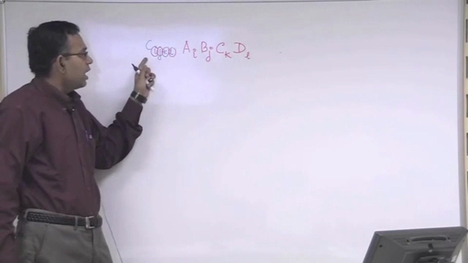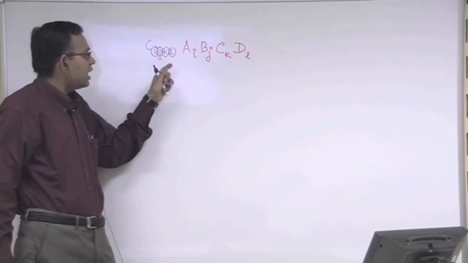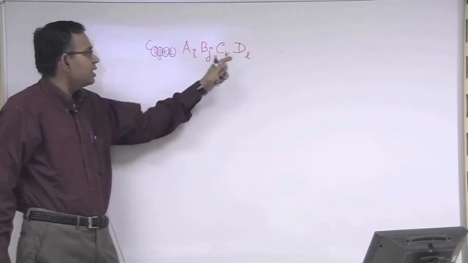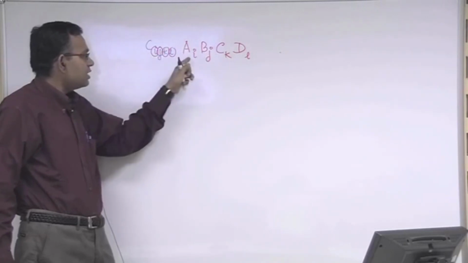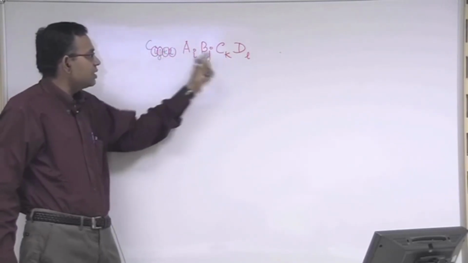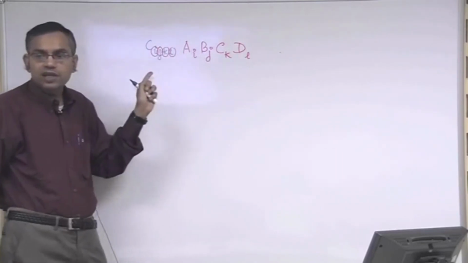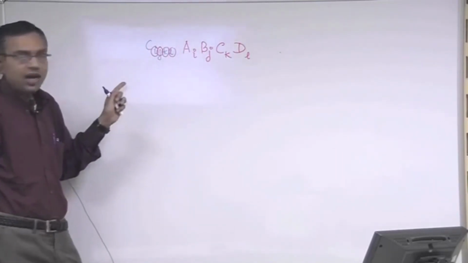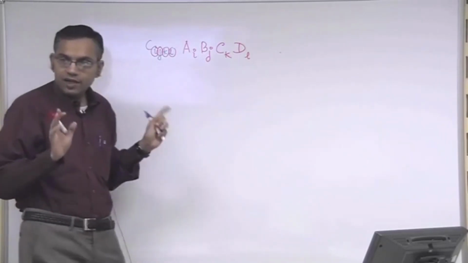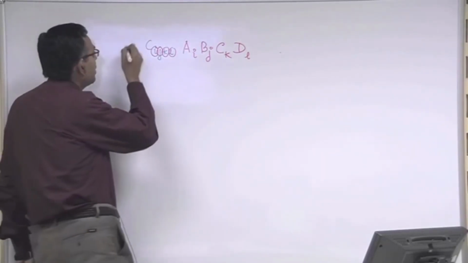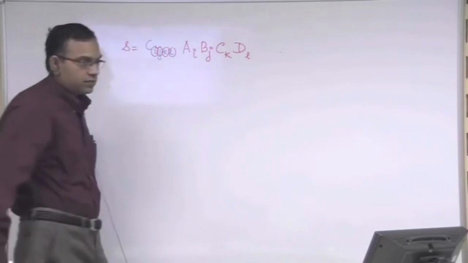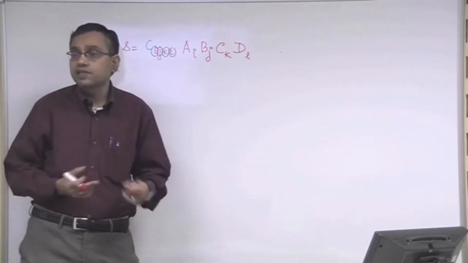So, if you have Cijkl into Ai Bj Ck Dl, then i is repeated, j is repeated, k is repeated, and l is repeated. That means there is an invisible summation, and it becomes a scalar, because it becomes index free. Now, what makes it an isotropic scalar?